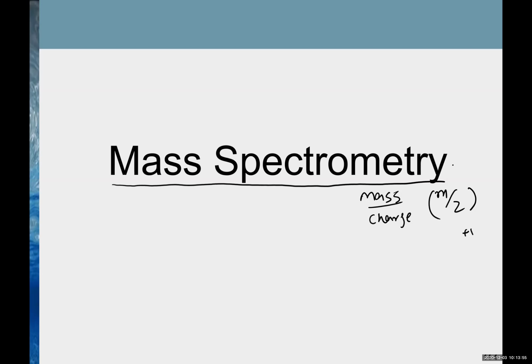Chemists rarely use a mass spectrometer to analyze the structure. It's not that convenient per se. So the main purpose is to measure the mass, but we do get quite useful information about what the composition of the molecule is.